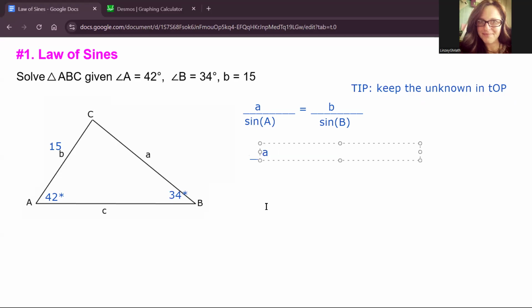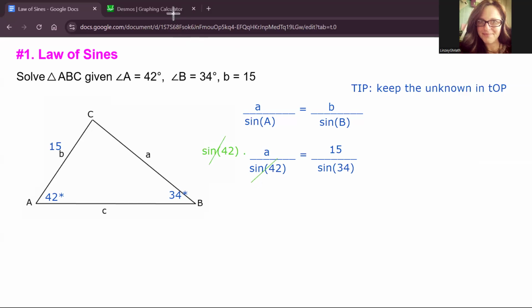We're looking for side A. Sine of angle A, 42 degrees. Side B is 15. And then over sine of angle B, 34 degrees. And then to solve, we will multiply by sine of 42, bring it over to the other side of the equal sign.